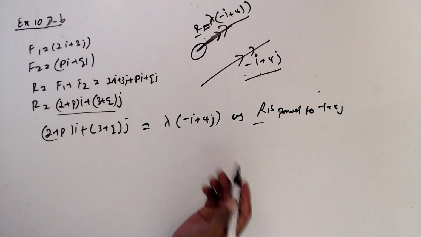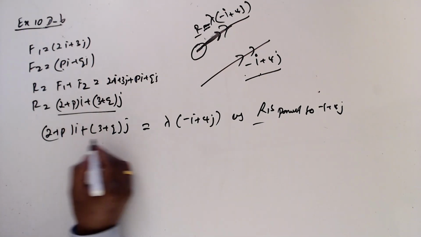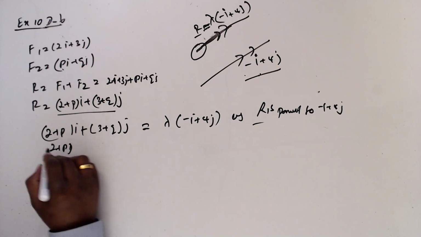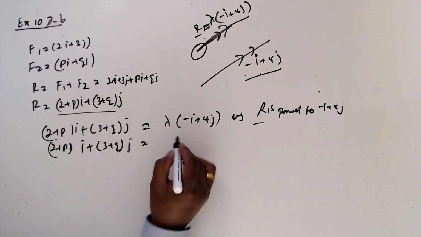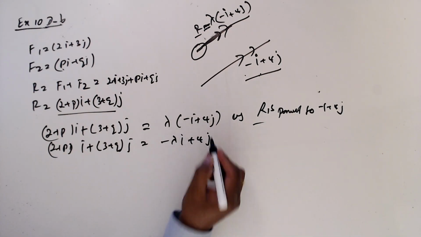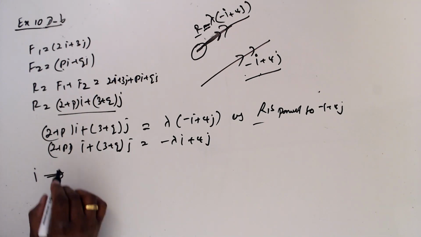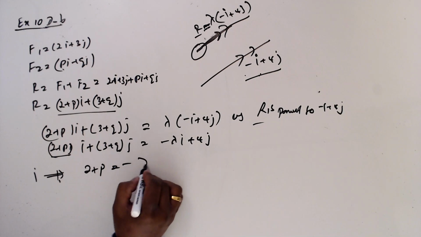Now this is a vector equation you have to solve. So this equals minus lambda i plus 4 lambda j. When you take the coefficient of the i component, 2 plus p equals minus lambda.